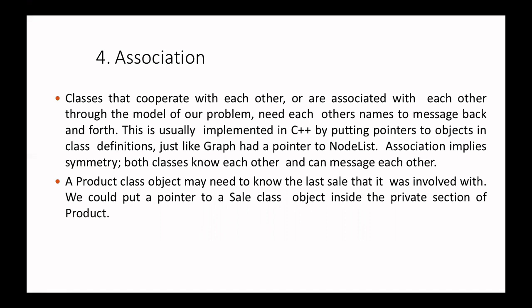A product class object may need to know the last cell that it was involved with. We could put a pointer to a cell class object inside the private section of product.